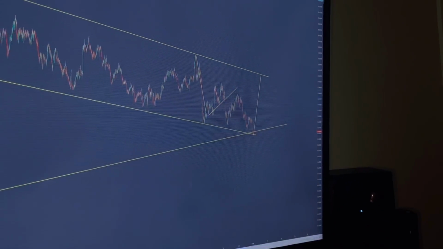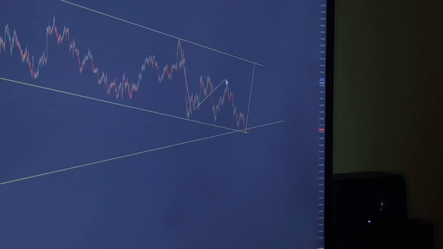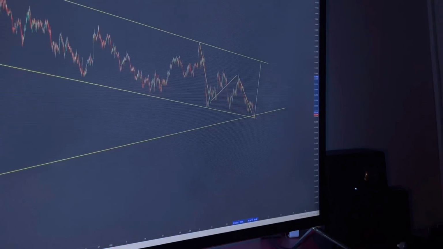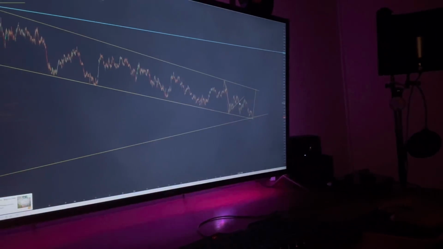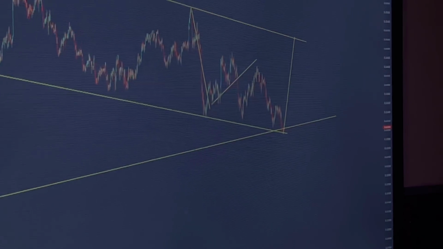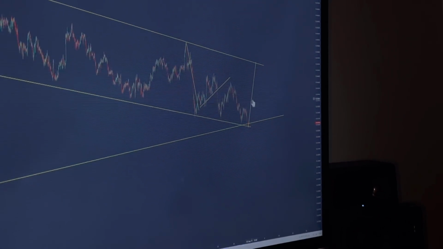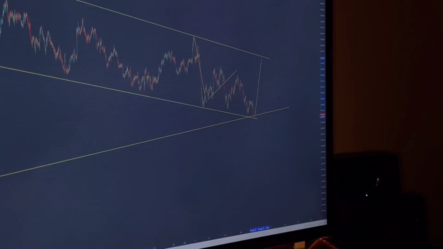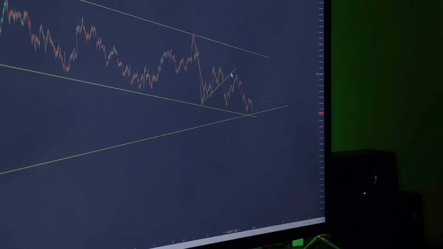So now I have a confirmation of a W. And the W simply means a double bottom. If it was an M pattern, it means a double top. So we're on the double bottom, and it looks nice guys.